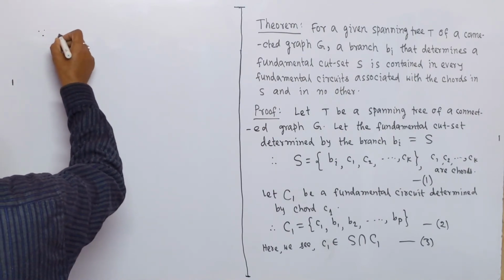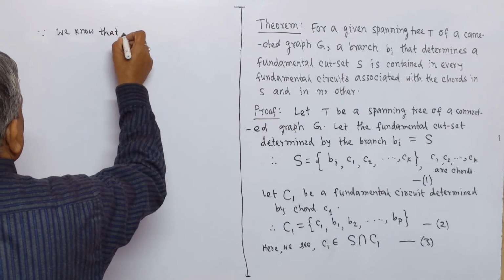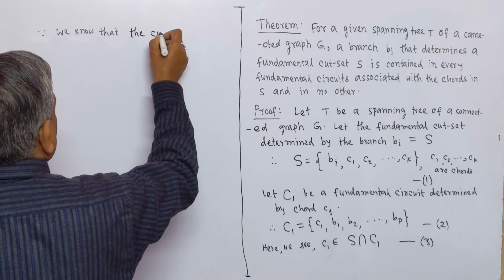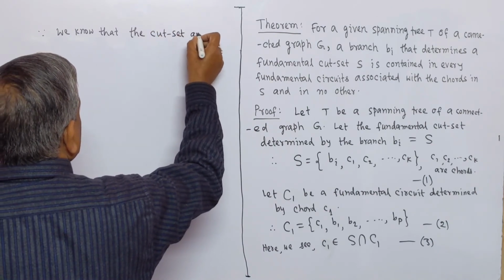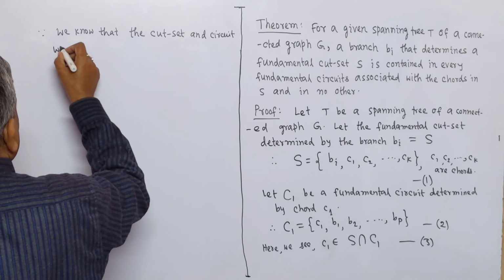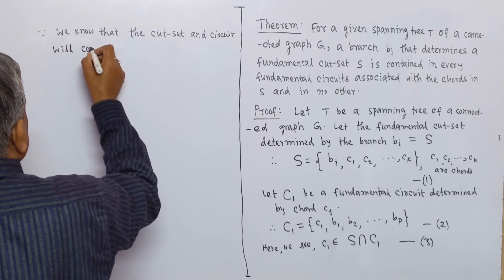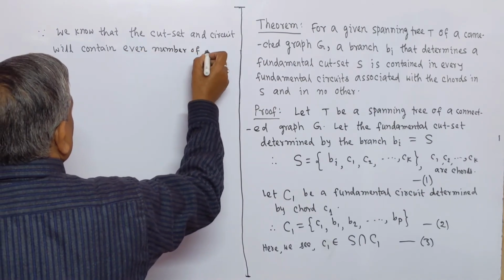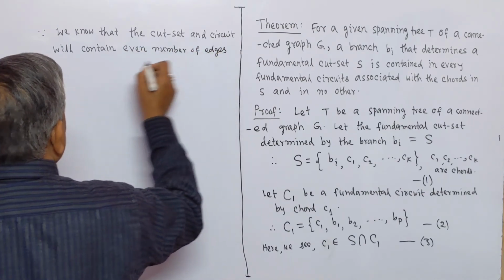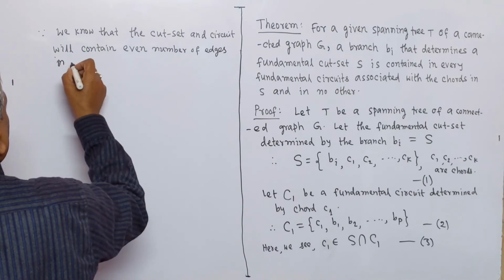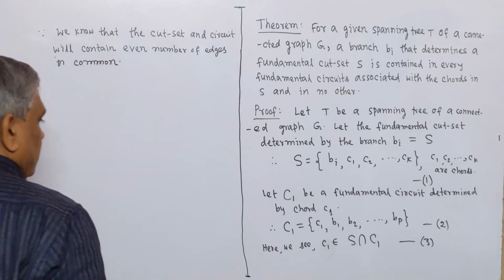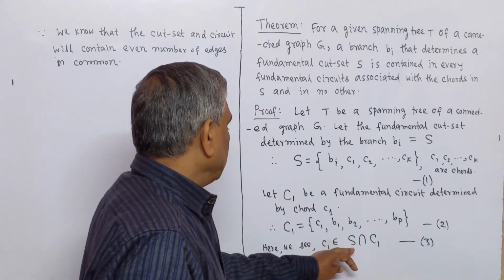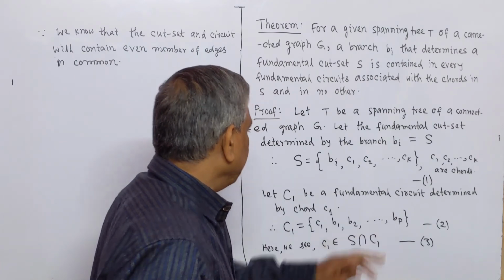Since we know that the cut set and the circuit will contain an even number of edges in common, here one edge c1 belongs to S intersect C1.